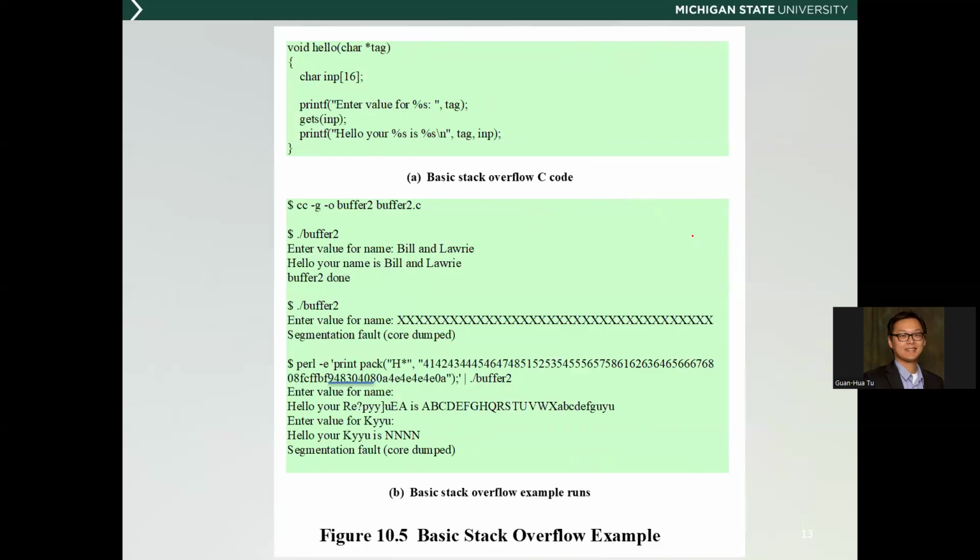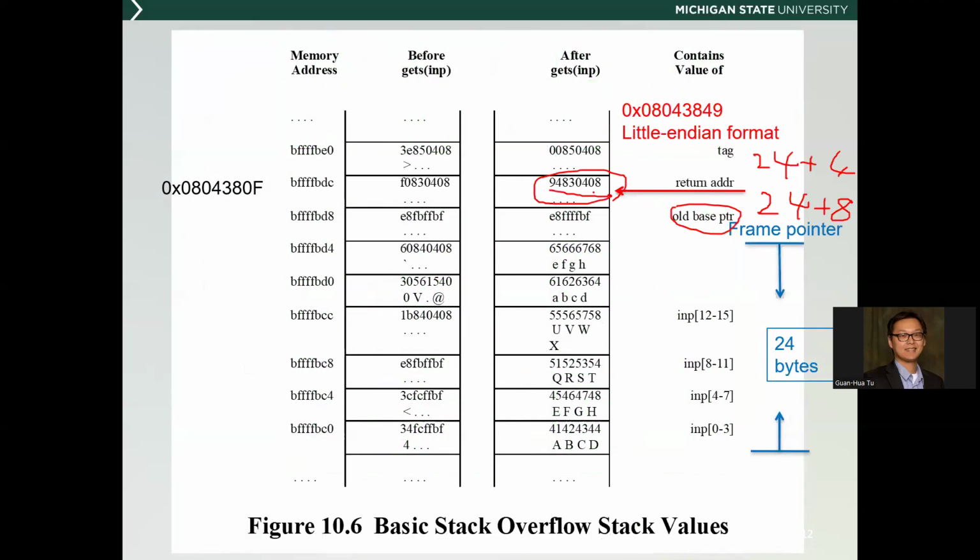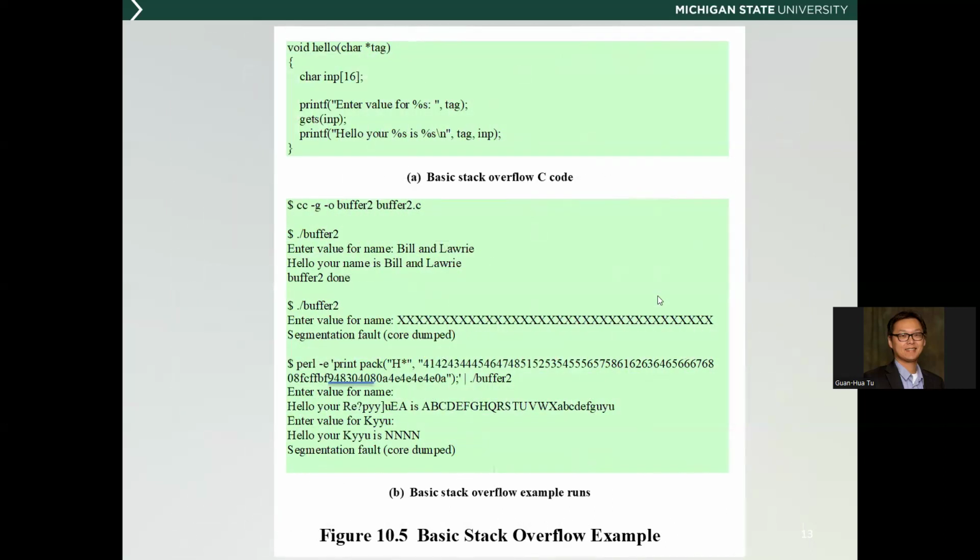So here is an example showing how we can launch an attack. You may wonder how it is possible to launch a buffer overflow attack to change the return address, because not all binary data can be provided over the terminal window, right?